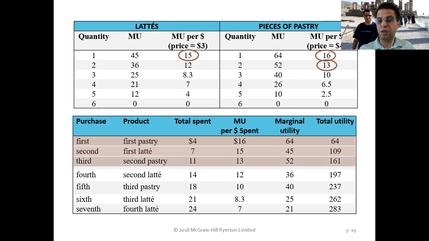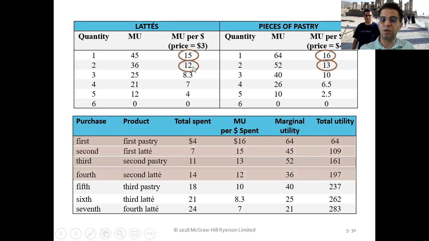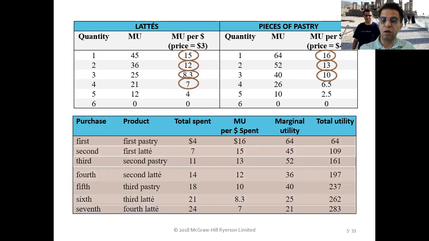So definitely we go with the second pastry. In this case, if we want to buy one more unit of pastry, we're going to get only 10. Yet if we buy the second latte, we're going to get 12. So our selection will be 12, since we want to maximize our total utility.